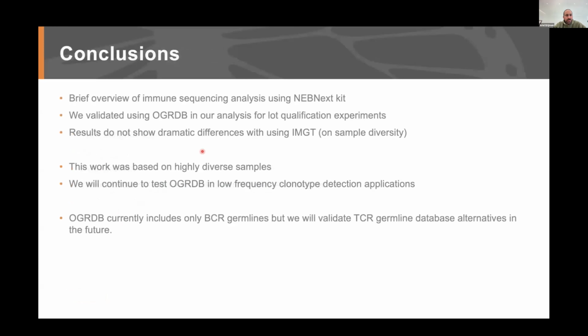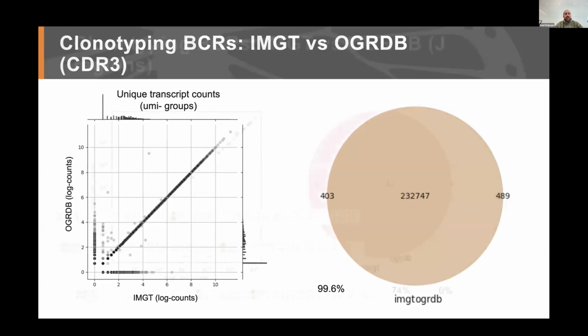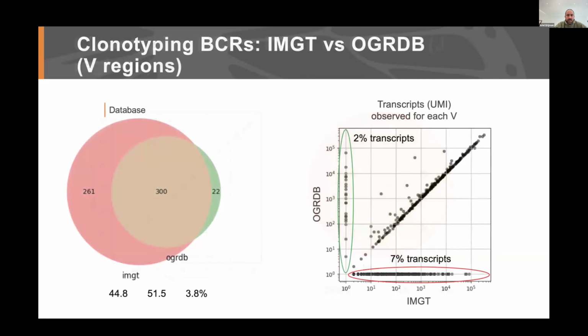So in cases like this, we detect a V region that is not in the other database.